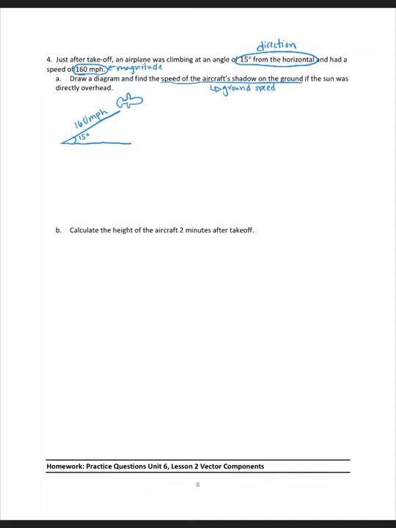So I'm just going to finish off that triangle there by drawing that vertical component. Okay, so our horizontal component there will be represented with x, and our vertical component could be represented with y. Okay, so we're going to draw a diagram of it and then find the speed of the aircraft shadow on the ground if the sun was directly overhead.